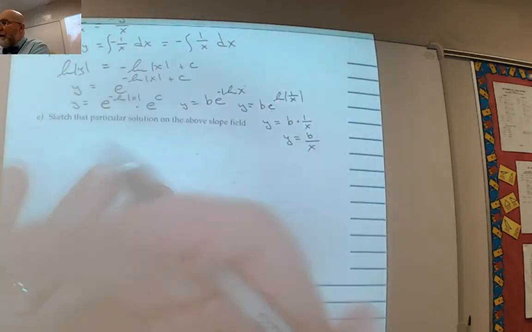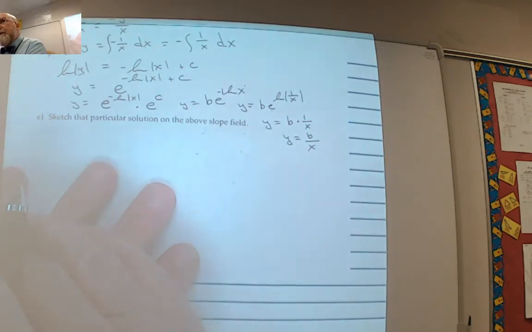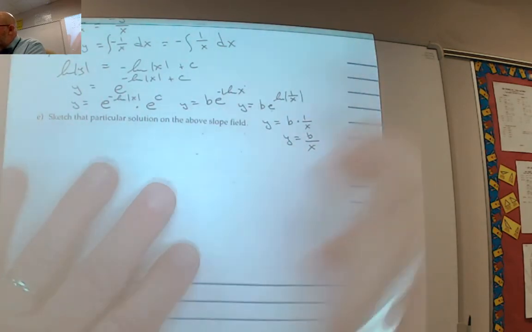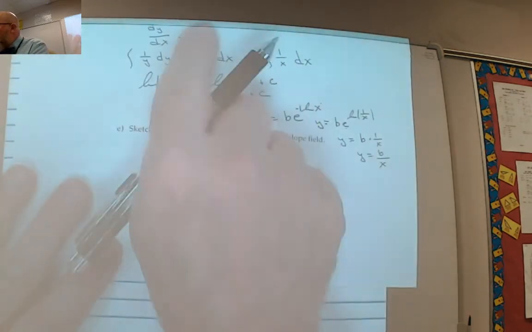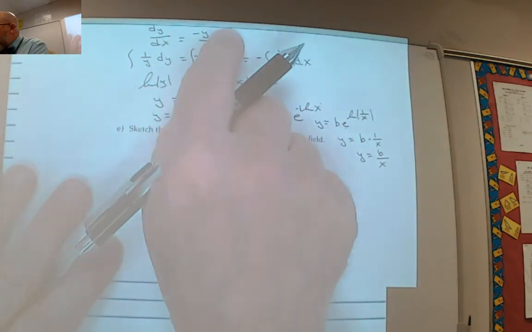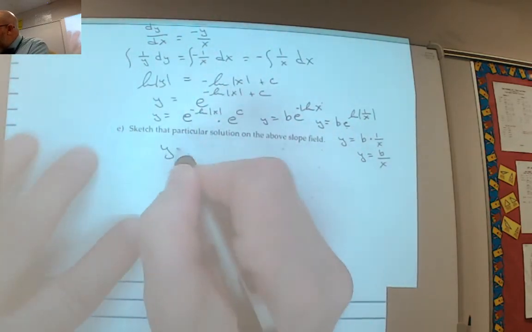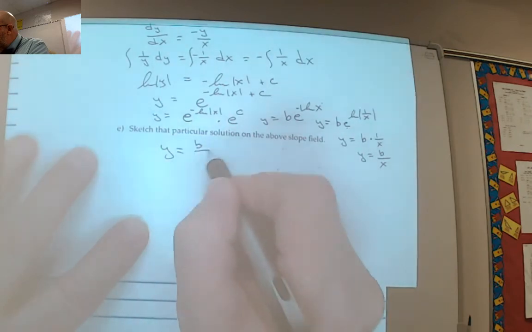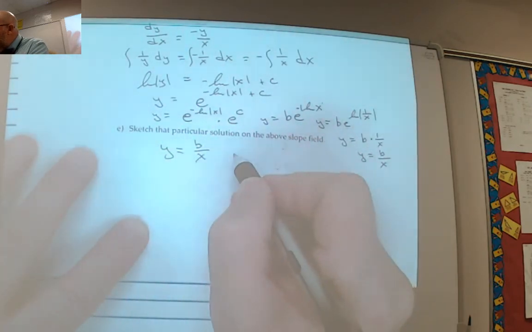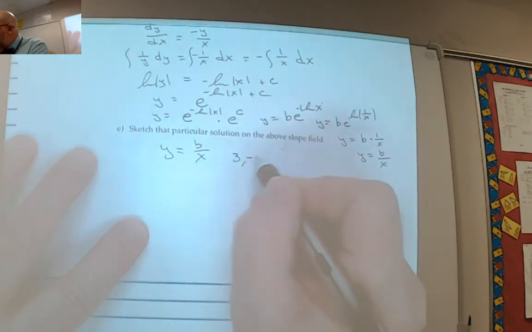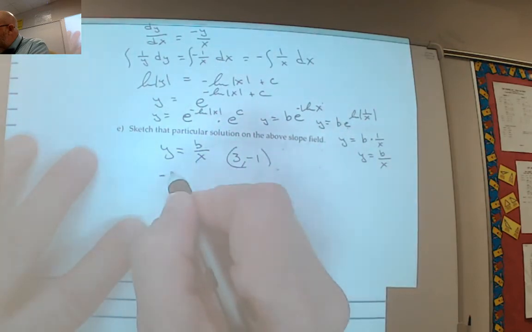I use b. The directions use c. So now I want to go through this. It says, here's your condition. And I have y equals b over x. And I have the point (3, -1). So over here I'm going to have a -1.